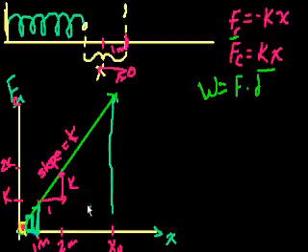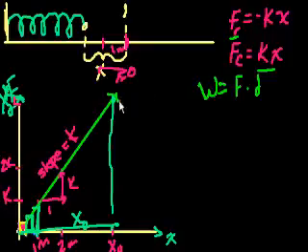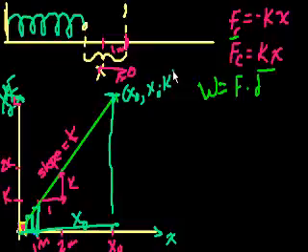And what's that area? Well, this is a triangle, so we just need to know the base, the height, and multiply it times 1/2, right? That's just the area of a triangle. So what's the base? So this is just x naught. What's the height? Well, we know the slope is k, so this height is going to be x naught times k. So this point right here is a point x naught, and then x naught times k.